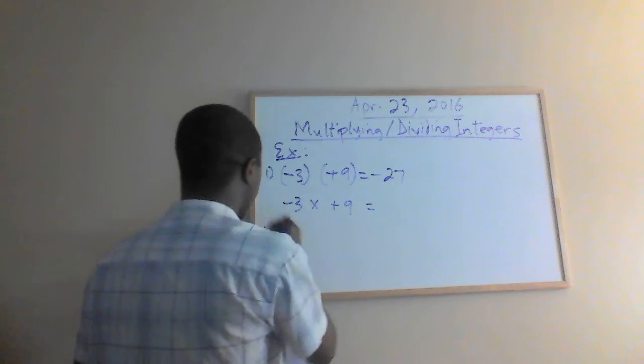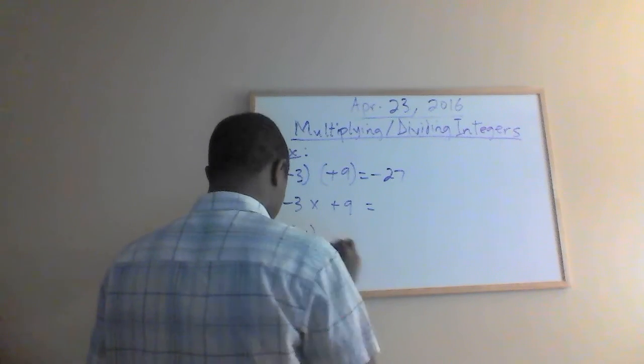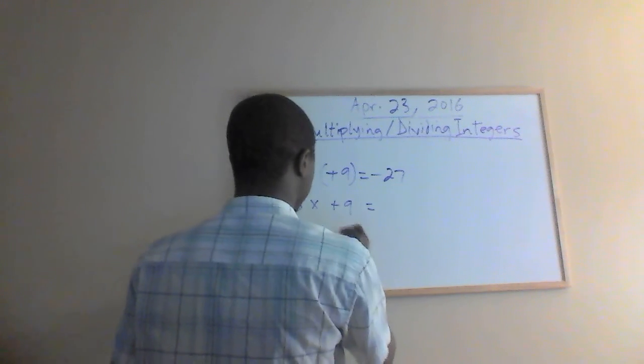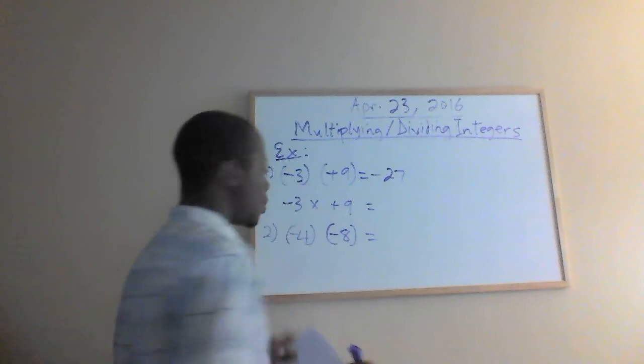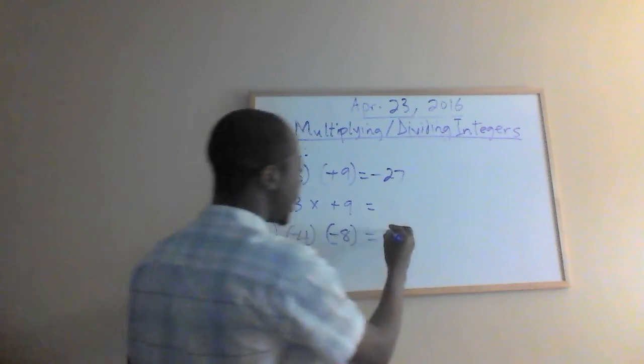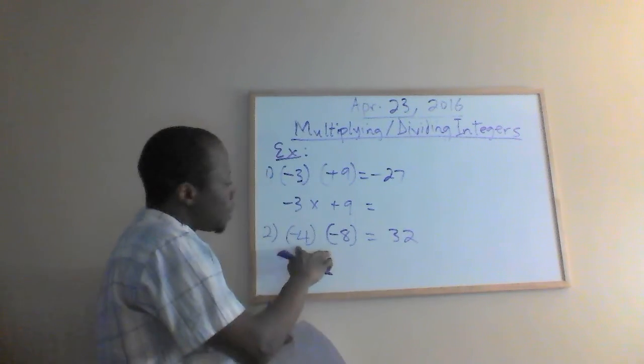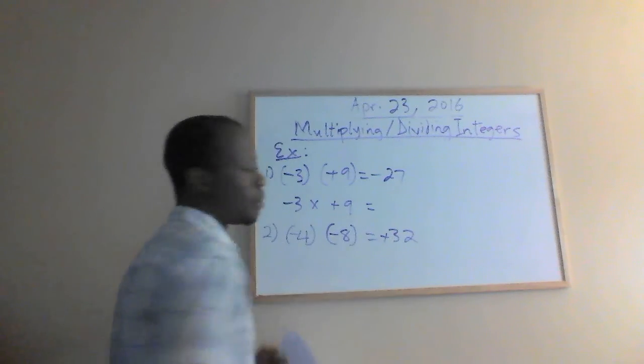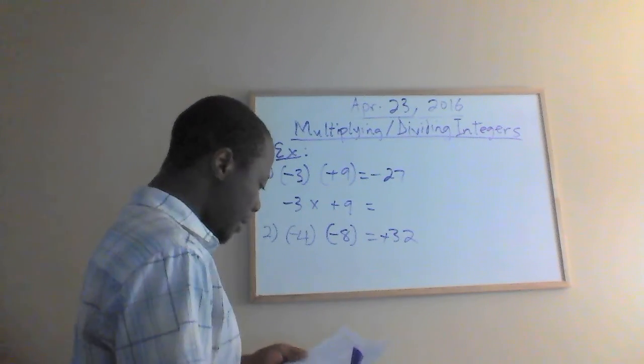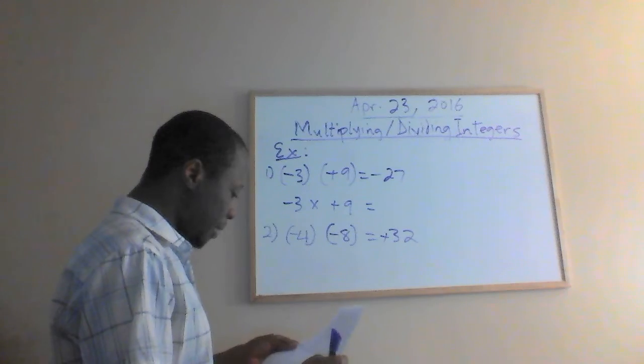Another example here, negative 4 times negative 8. Again, we multiply the two numbers to get 32, and we multiply the two signs to get positive. I'm going to do some division problems here.